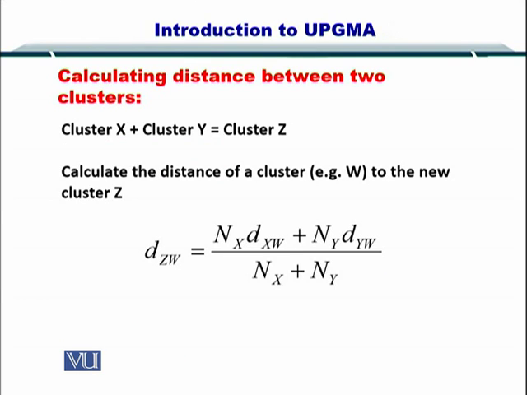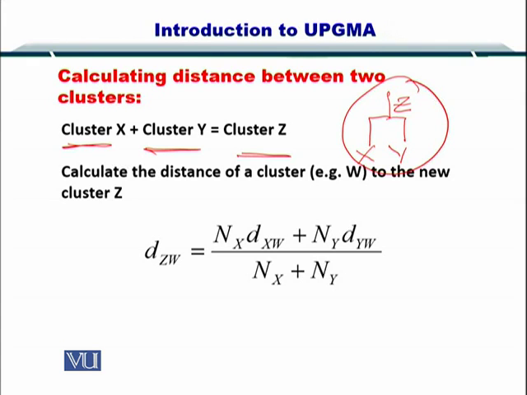If you have sequence X and Y creating a cluster Z, that is X and Y giving rise to a cluster that is this entire tree, then the distance between Z, that is this tree, and some other tree can be computed by simply the distance between Z and W. In this case, let's consider W to be a sequence. So here is W. Now you want to compute the distance between Z and W.